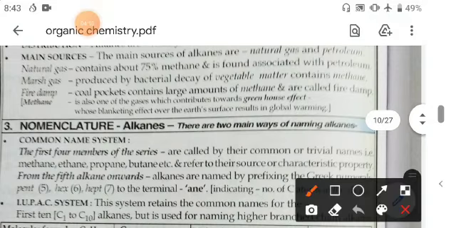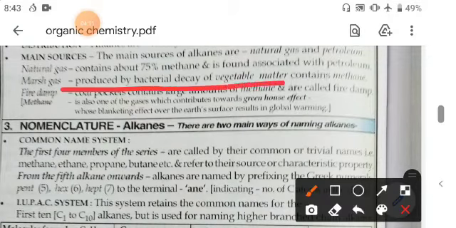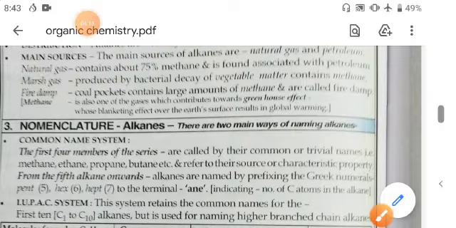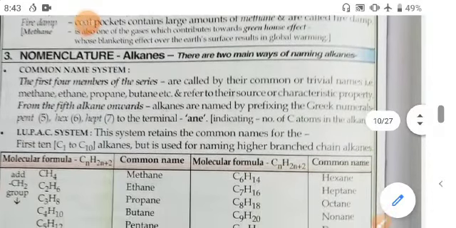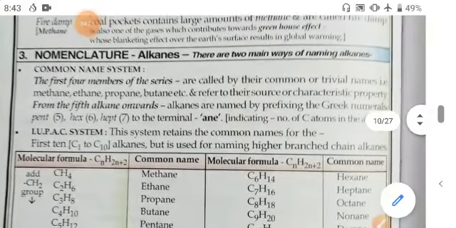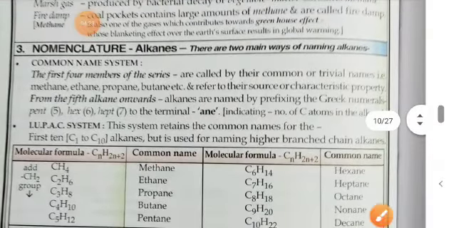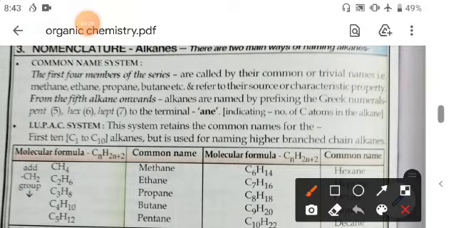Marsh gas is produced by bacterial decay of vegetable matter containing methane, and fire damp and coal pockets contain a large amount of methane. This methane also acts as a greenhouse gas.